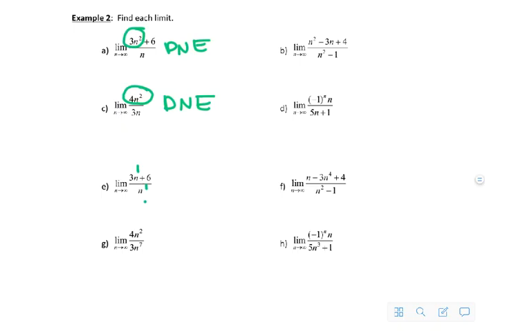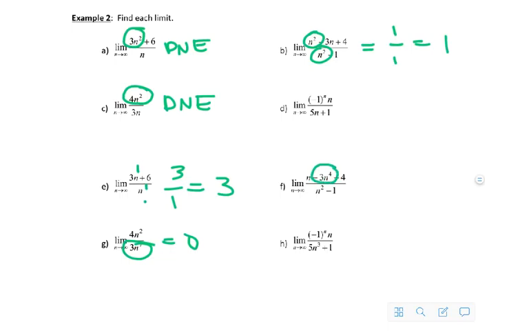So the limit is the ratio of the coefficients, which is 3. In G, the bigger exponent of n is in the denominator, so it's 0. In B, the biggest exponent of n is the same. So the answer is the ratio of the coefficients. I'm going to skip D for a minute. Go to F. Be careful, because sometimes we don't put them in order. The bigger exponent of n is in the numerator.